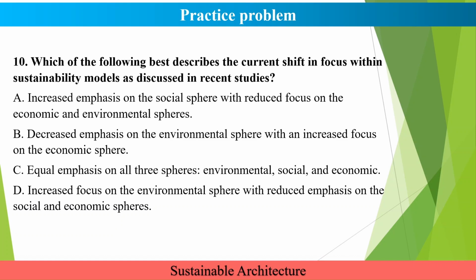All of you are agreeing with that? Yes, sir. And there is more shift towards the economic sphere in order to make GDP or income, or greed, whatever reason you can give, but there is less interest or shift towards the environmental sphere out of the three spheres of sustainability. Fine. So can we move to the next question?